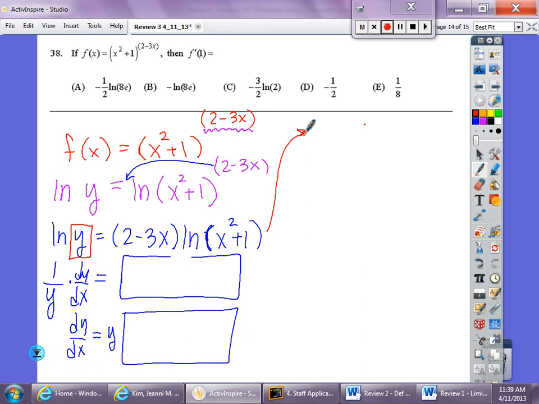E. So I'm going to do e to the ln of y equals, you guys can just write a little e if you want. I'm going to write it out. E to the 2 minus 3x. Do you see how it's multiplied by ln? Oh no, wait.